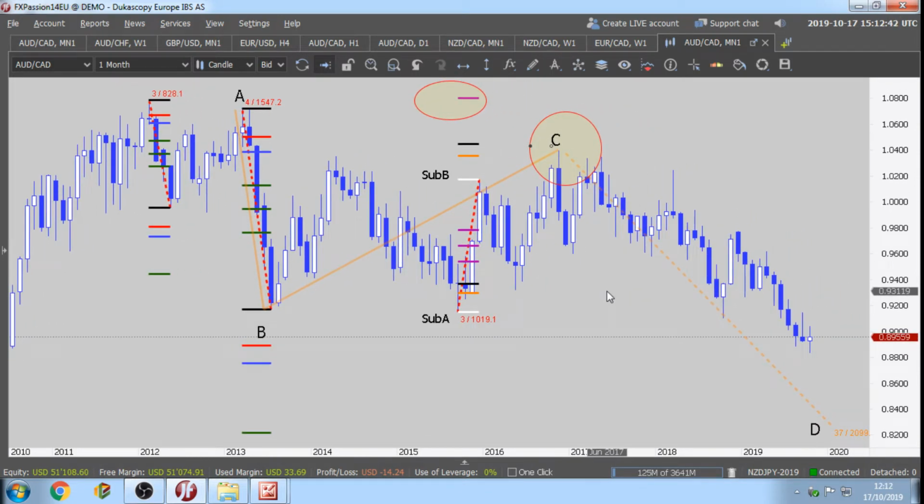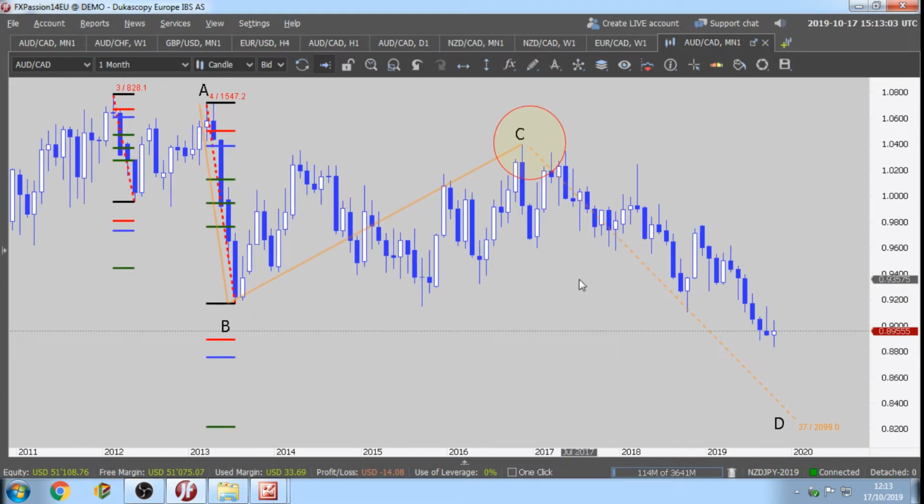Okay, so this is AUD-CAD monthly chart. And one more thing, well, this contrarian Fibonacci is not valid anymore. As you can see, the market broke, so I'm going to delete the contrarian Fibonacci. No more sub A, sub B, sub C, sub D, and the market is falling. So this is AUD-CAD monthly chart.